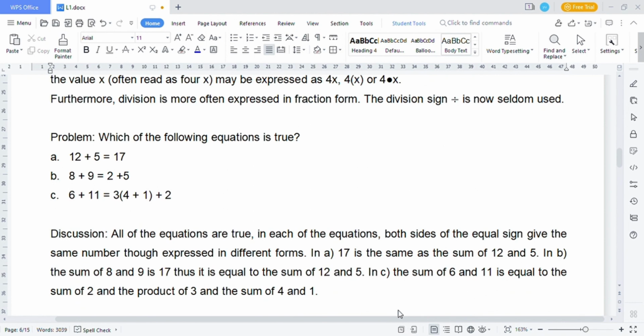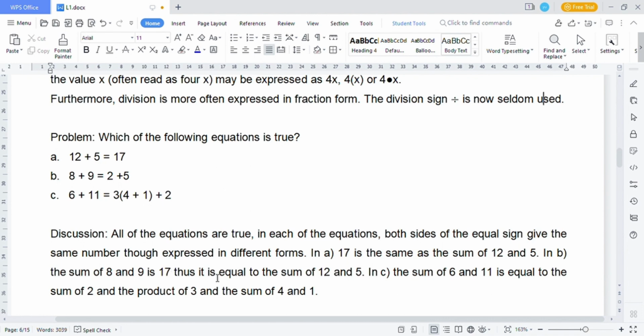Okay, so we have here the discussion. All of the equations are true. In each of the equations, both sides of the equal sign give the same number though expressed in different forms. In letter A, 17 is the same as the sum of 12 and 5. In B, the sum of 8 and 9 is 17.